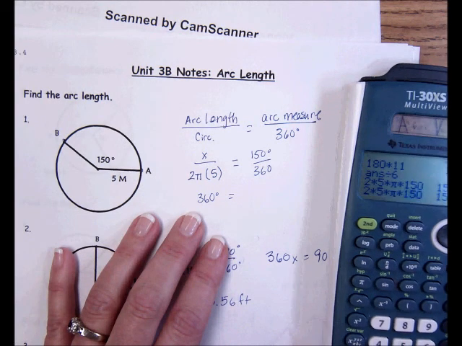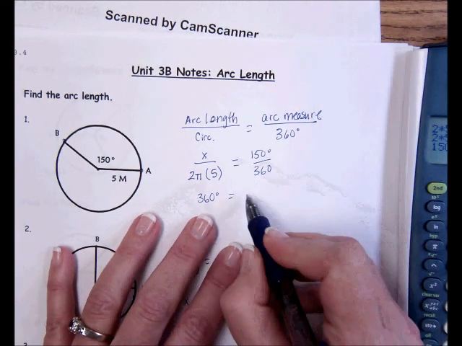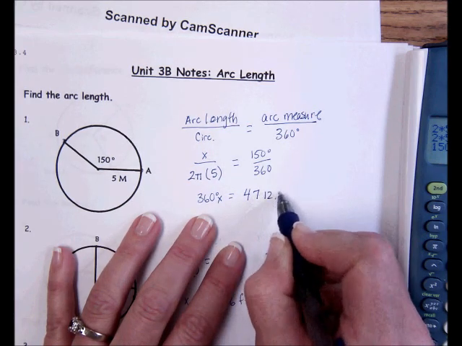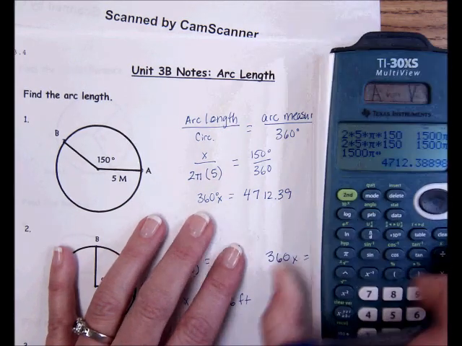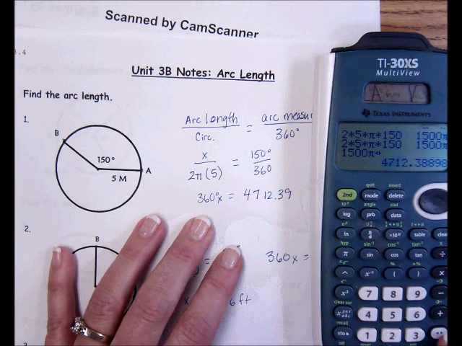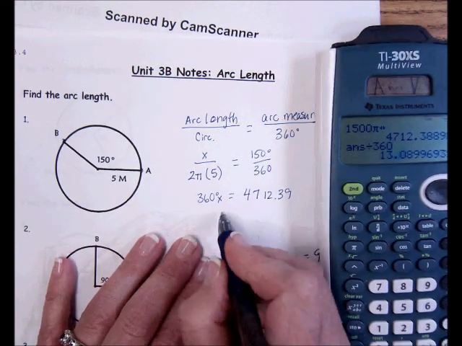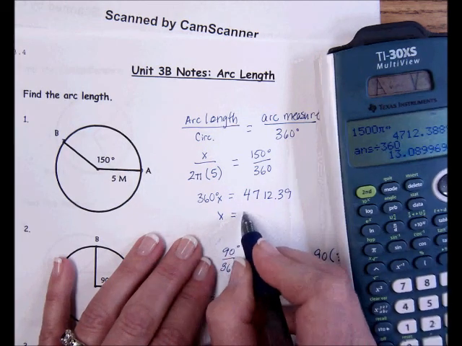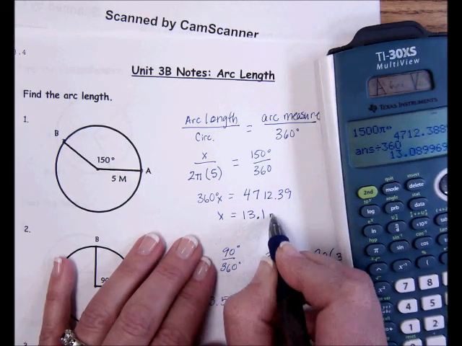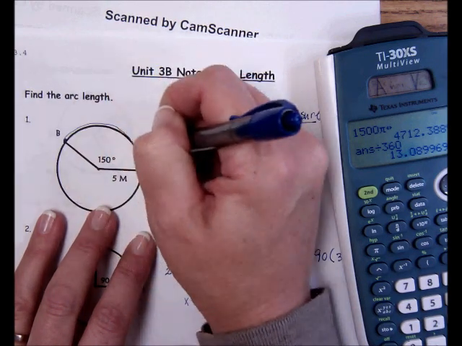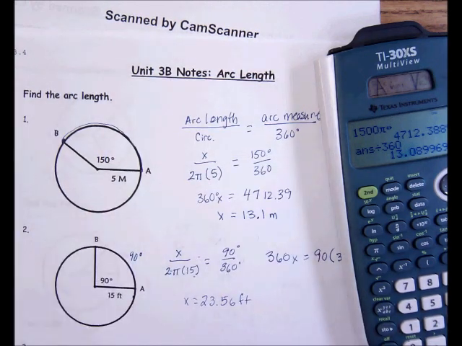I want this in decimal form, so that's going to equal 4,712.39. I forgot to say 360x, and then I divide by 360, and so x is going to equal 13.1 meters. So my distance in meters from A to B is 13.1.